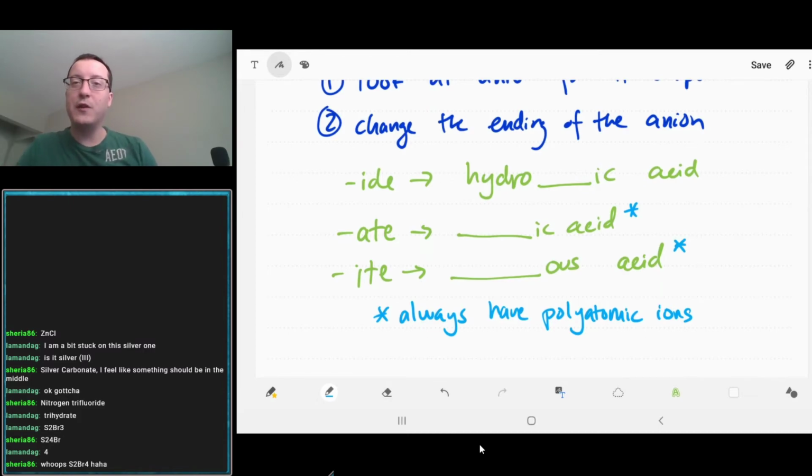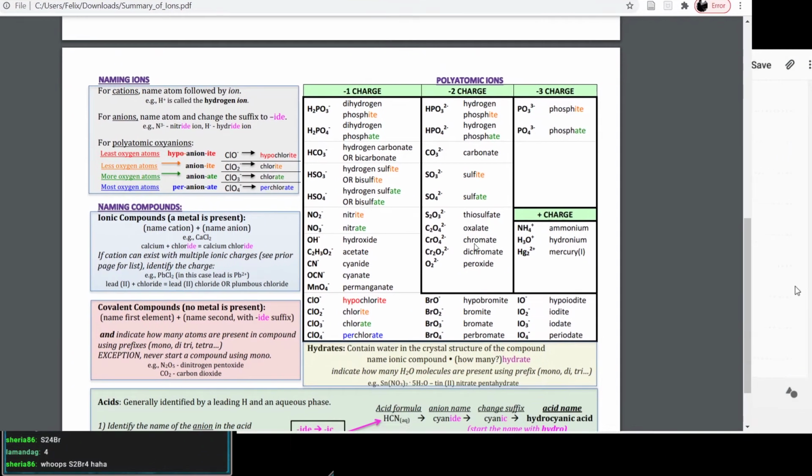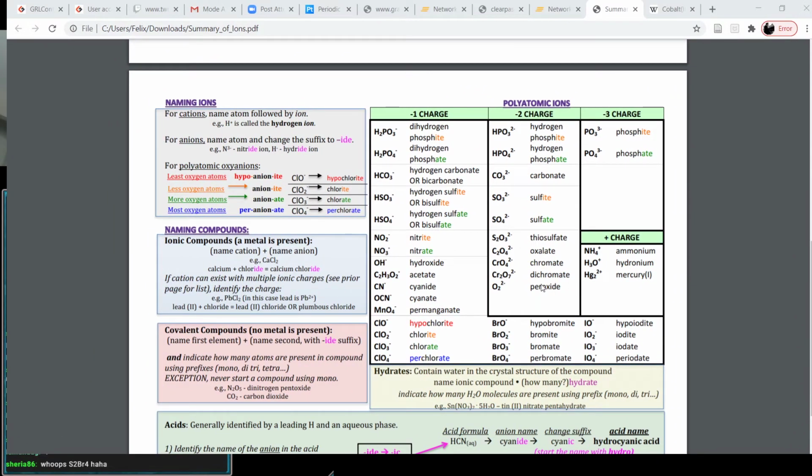And I don't know if you've noticed, but almost all of the polyatomic ions are oxygen-based, right? You have this whole chart of polyatomic ions, and almost all of them have oxygen.